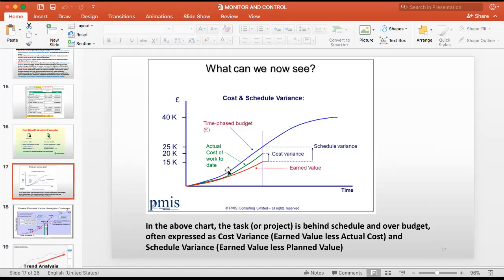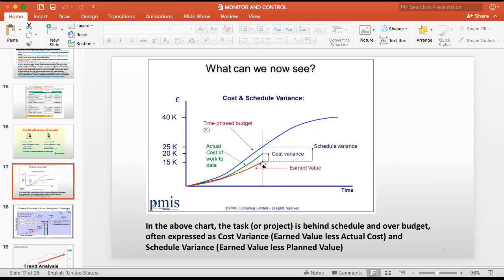This is the time phased budget. That means in the first year we have to spend this much, second year we have to spend this much, third year this much, like that. So up to now we have to spend this much, this is the budget. But what happened?